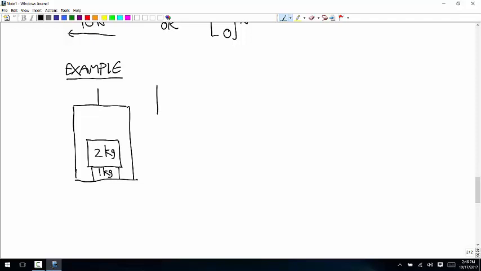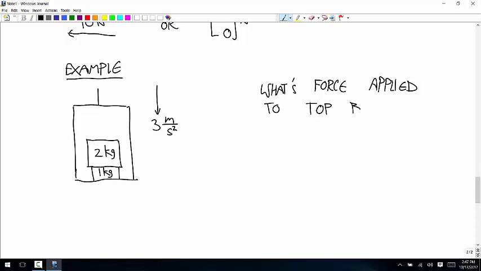And let's say that the elevator has an acceleration down of 3 meters per second squared. What's the force applied to the top box by the bottom box?